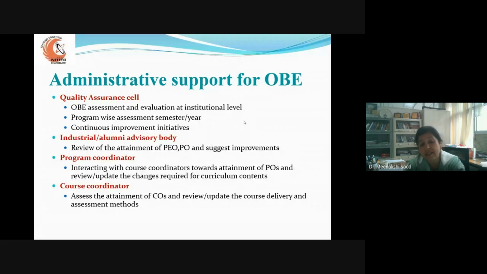It covers the entire system, but it also supports OBE, because it will take care of which department, which subject, or which PO is not mapped, which PO is lagging. So proper evaluation and assessment can be done by the quality assurance cell. If that cell is there, then every department can get a support system for the attainment of COs and POs.